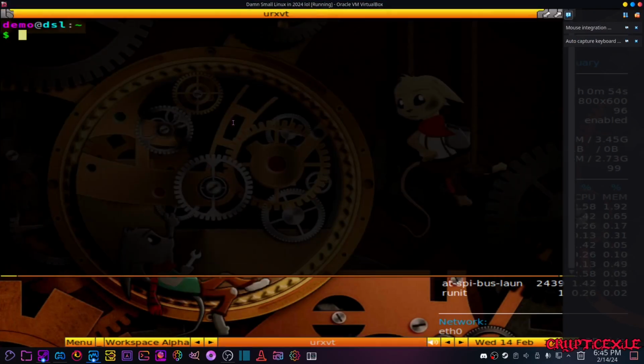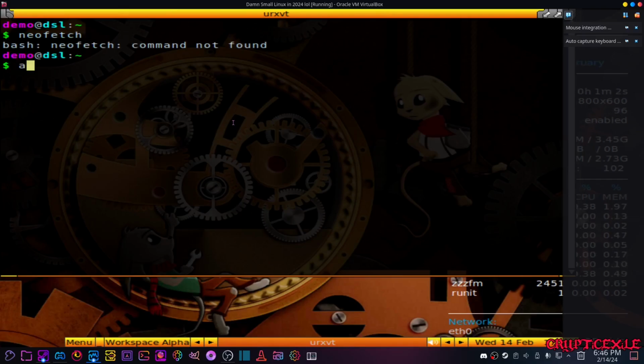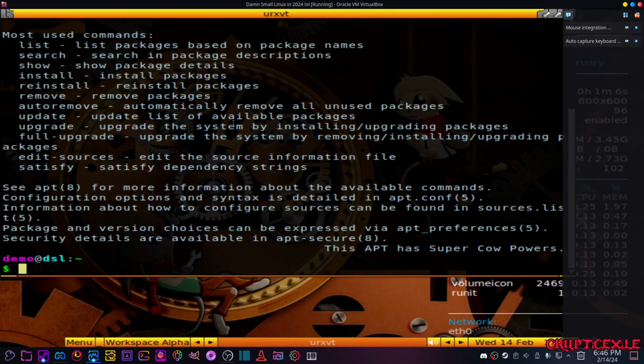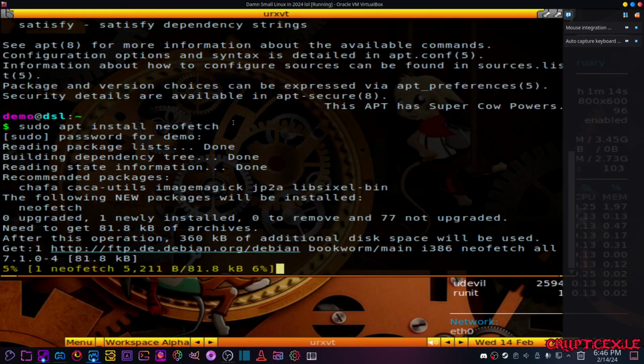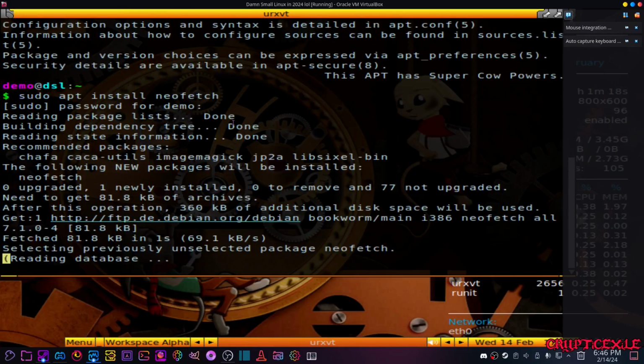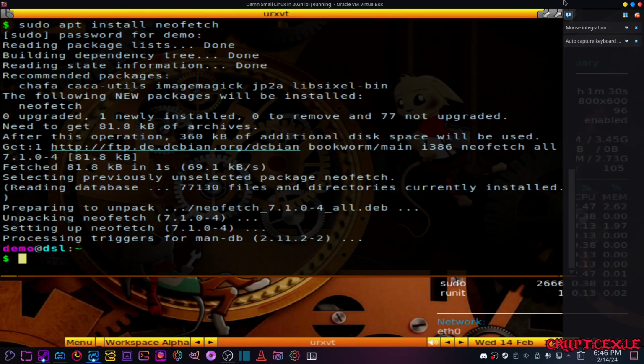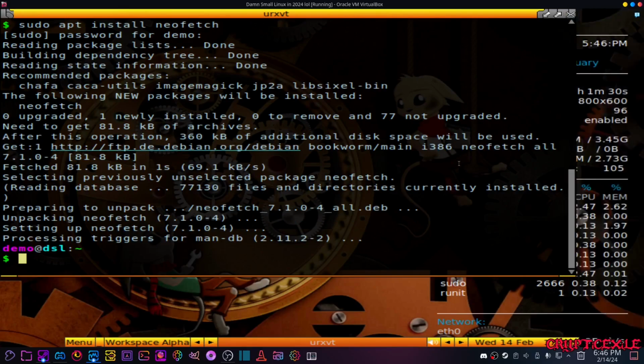Terminal. Does it have NeoFetch? No, it doesn't. Does it use apt? It does. So sudo apt install neofetch. Well, that worked.